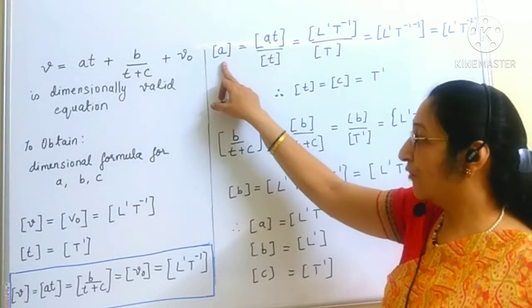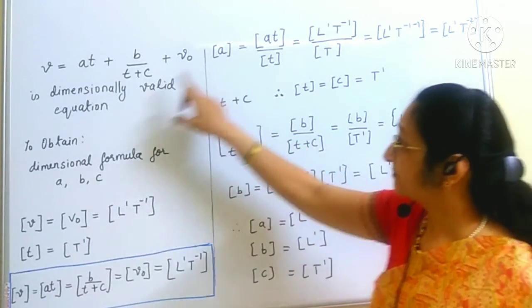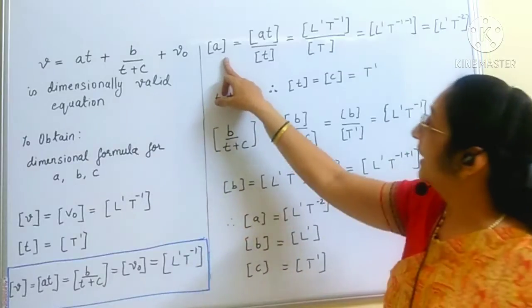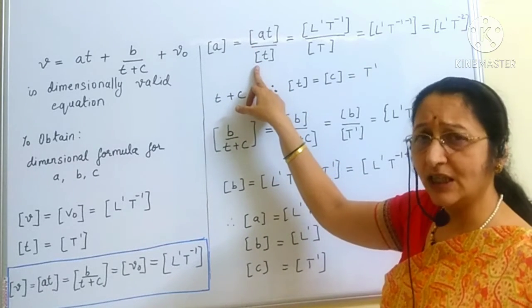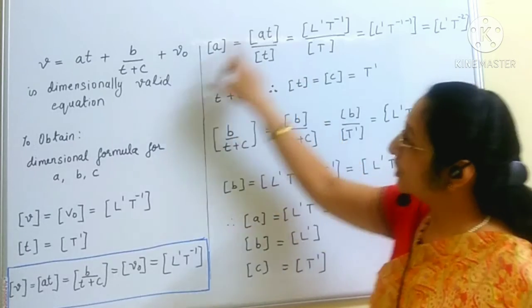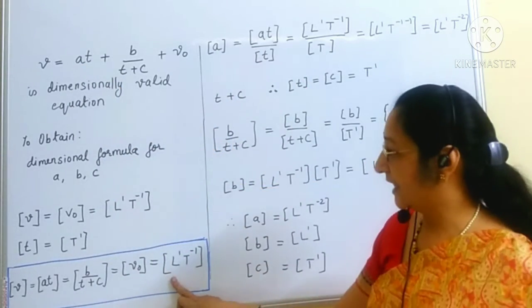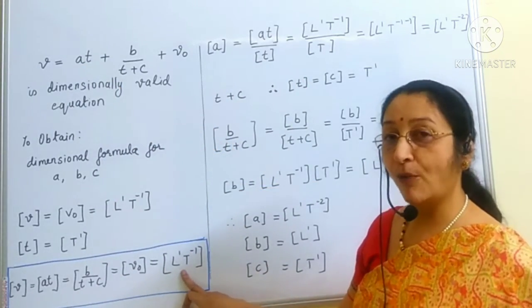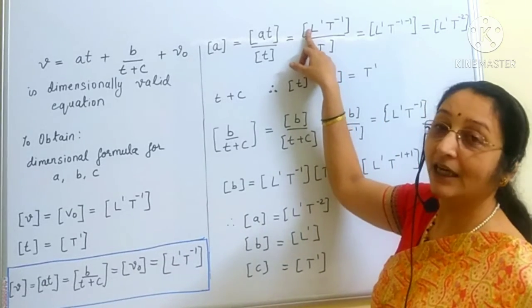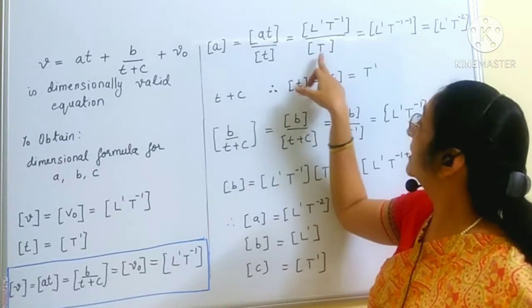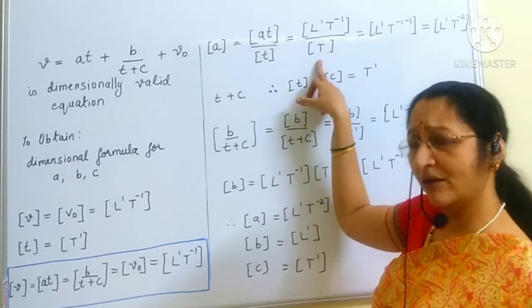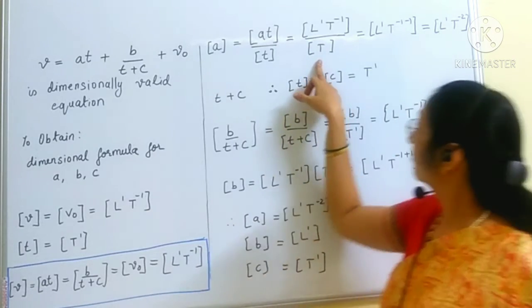So, now the dimension of A is the dimension of AT upon the dimension of T. But what is the dimension of AT? The dimension of AT is L to the power 1, T to the power minus 1. And the dimension of T is T to the power 1, or we can simply write T also.